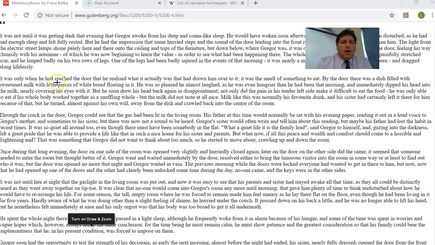The first thing I wanted to point out, the first thing to me that matters, is this particular moment. This sentence here, however it's written for you, is exceptionally important. "It was only when he reached the door that he realised what it actually was that had drawn him over to it. It was the smell of something to eat."